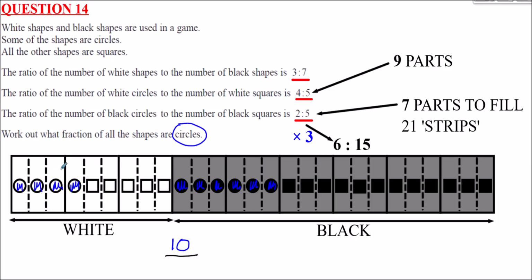I divided each one into 3, so there's actually 30 different shapes here. A mixture of black squares, white squares, black circles and white circles. So it's 10 out of 30 in total, which of course simplifies down to 1/3. So 1/3 of all of these shapes would be circles.